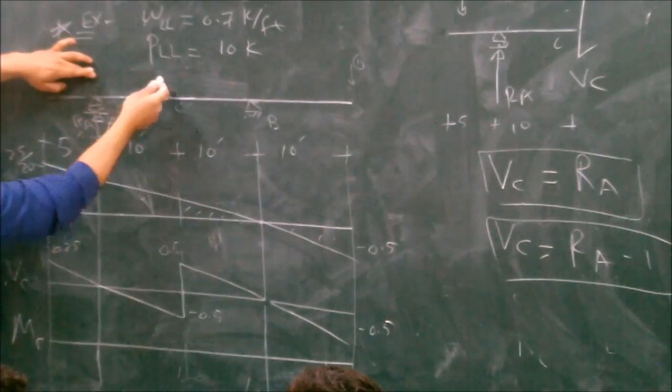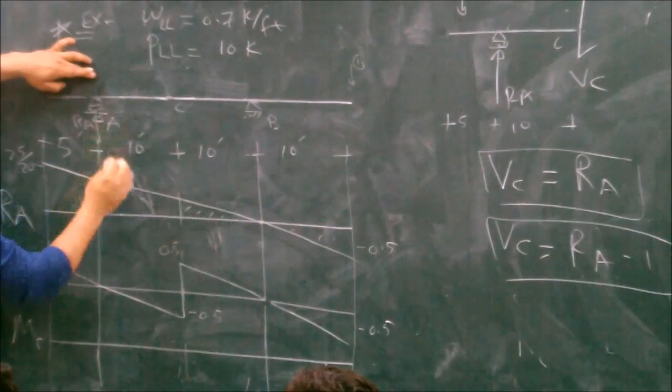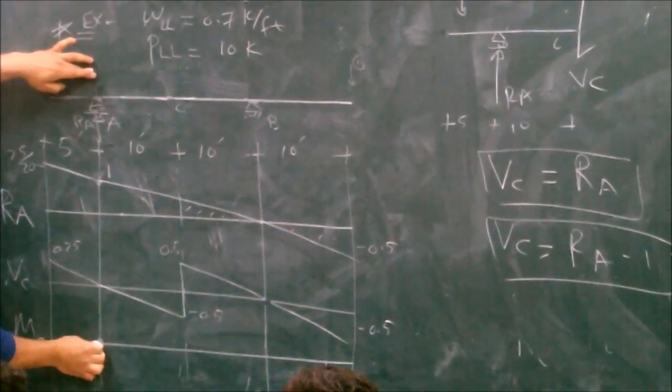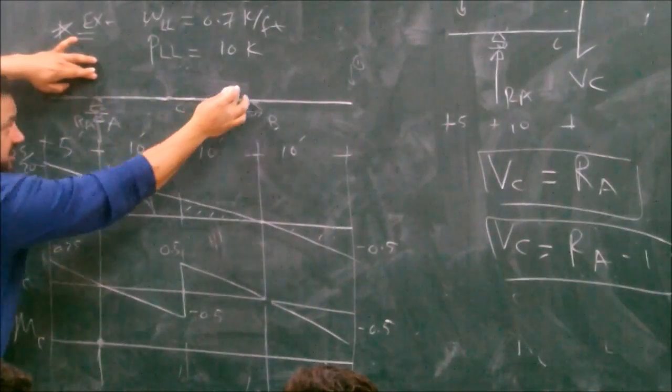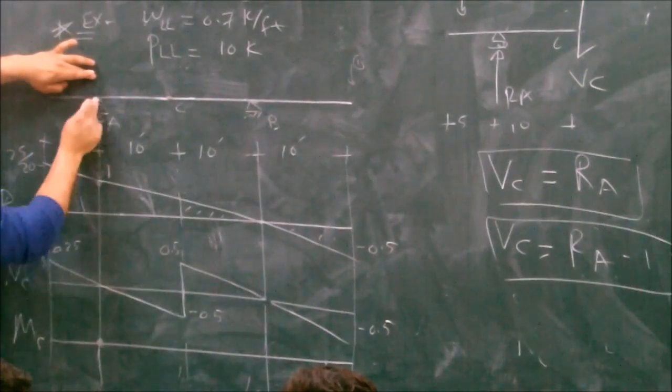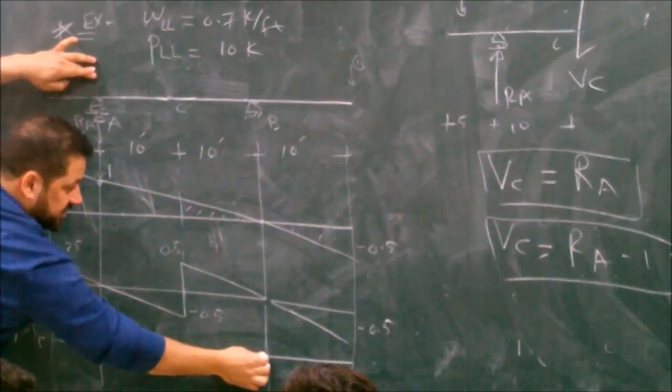And this is 1. When you take a cut here for the moment at C, it's 0. 1 cancels the 1. When the unit load is here, how much is this reaction? 0. So when you take a cut here, the moment is 0.